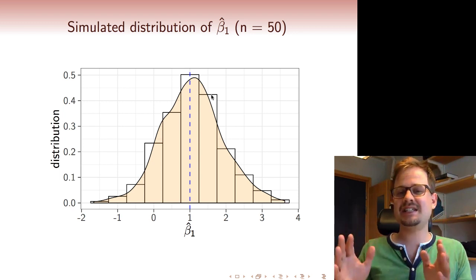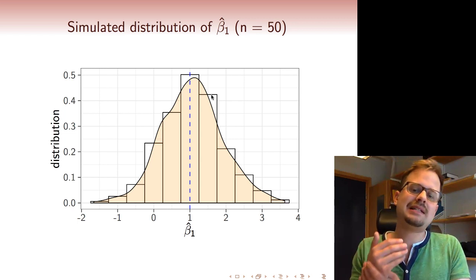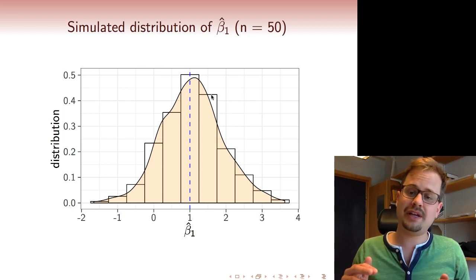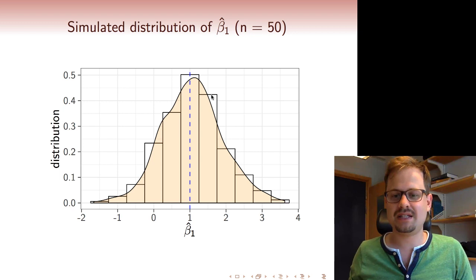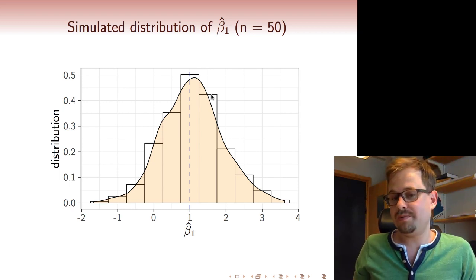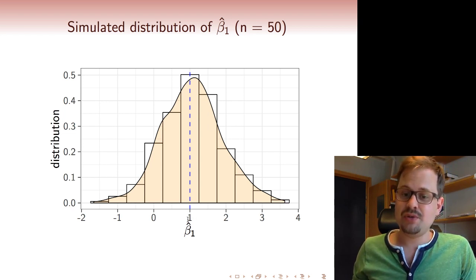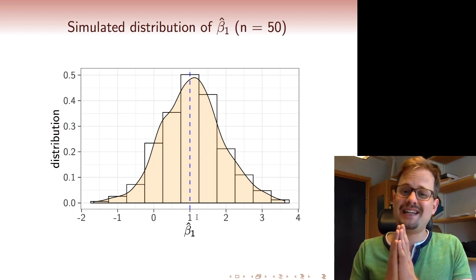This density curve is, given my simulation result, our best guess of the distribution of Beta 1 hat for this population model and for this particular sample size. As you might remember, when I wrote down the population model, the true coefficient of the regressor x1 was 1, right? So 1 is the true value that we want to estimate.